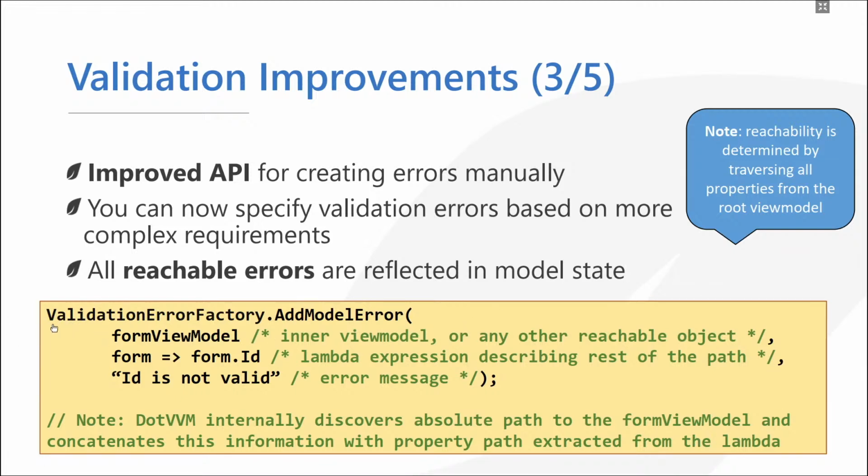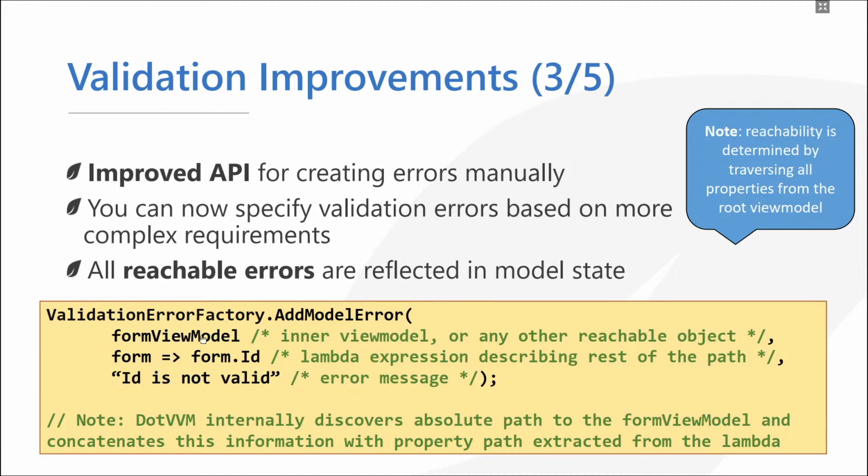So there are many overloads on validation error factory. For example, here is one, add model error that takes a view model reference. I am passing here a reference to a form view model that can be nested somewhere on some path that is reachable from our root view model.